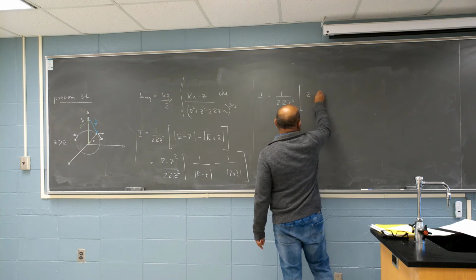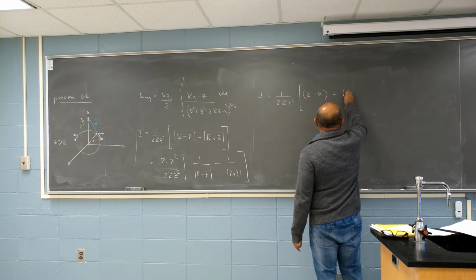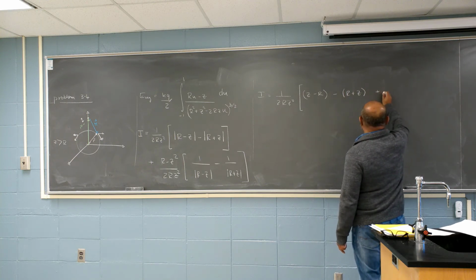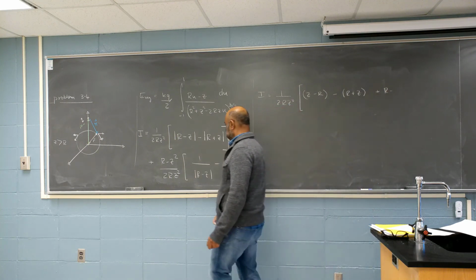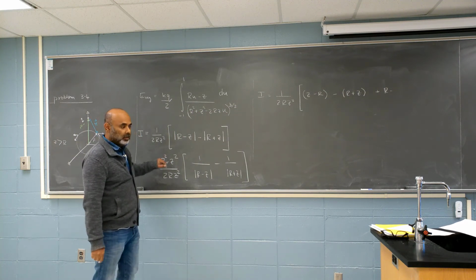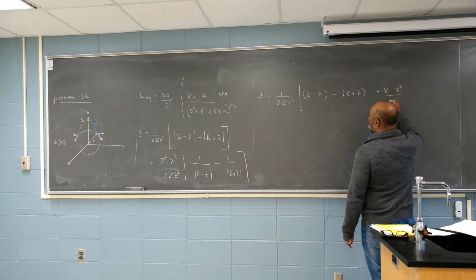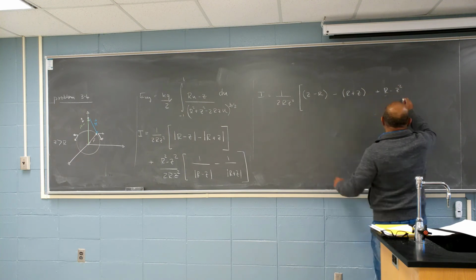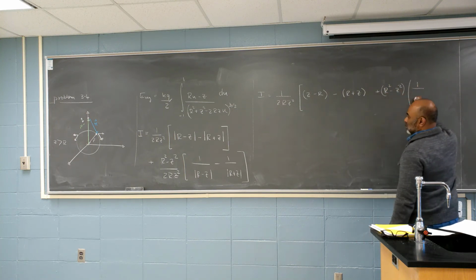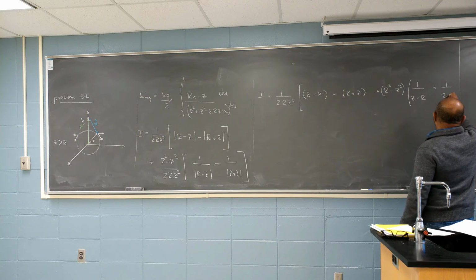Z minus r minus r plus z plus r squared minus z squared over, whatever is over has been brought, 1 over z minus r plus 1 over r plus z.